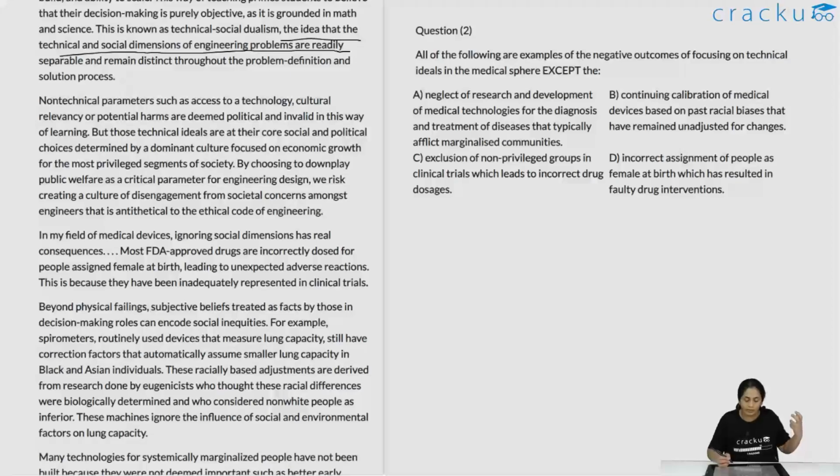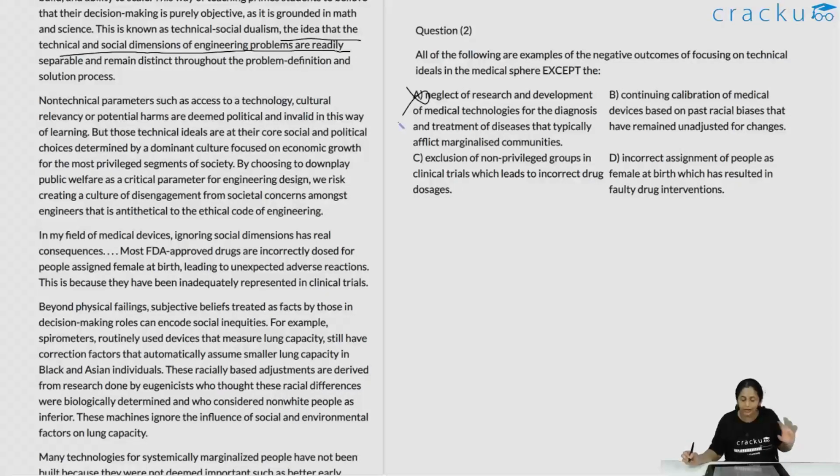So this is something that was given as a negative outcome of only focusing on technical ideals, because those technical ideals were driven by the dominant culture and the dominant needs of the men who were dominating. So their needs were answered. The technical field essentially wanted to address the needs of the dominant culture, which is males, and therefore no medical devices were essentially made for women who are suffering from endometriosis. So this is given as an example, so we can eliminate this.